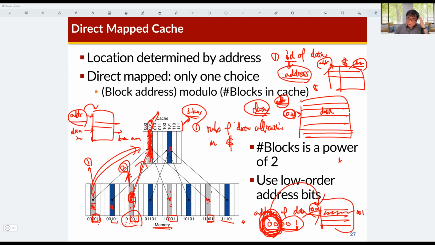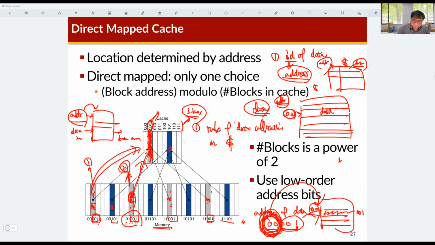There are many different methods to decide the entries of allocated data inside of the cache, and we will first learn about the direct mapped cache.